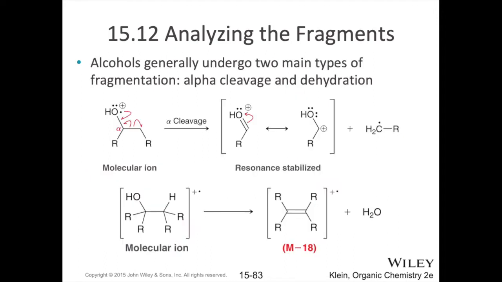Other types of stable fragments can come about through resonance. One thing you might see pretty commonly in the case of alcohols is what's called alpha cleavage. So basically, you have a cleavage between your alpha and beta carbon. Here's your alcohol group. The alpha carbon is attached to it. The beta carbon is one carbon away from that.